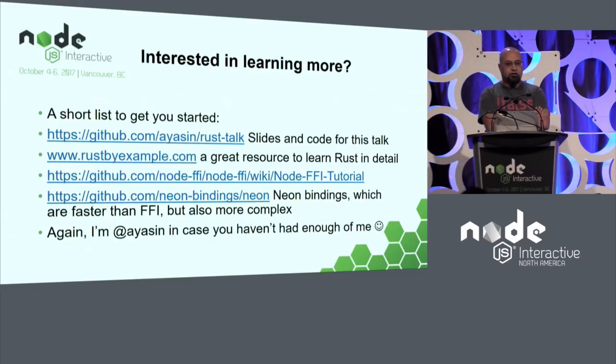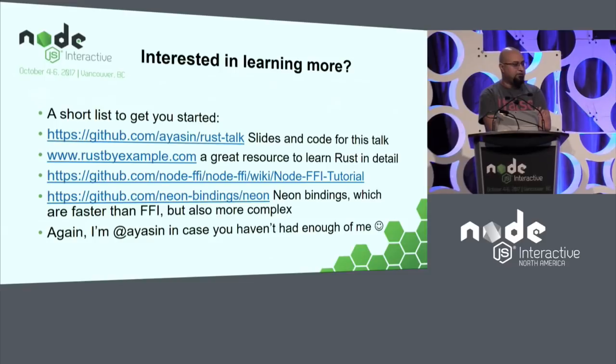Neon bindings are great for higher performance, and if you need to construct JavaScript objects in the Rust, Neon is a great way to go. It's more complex, obviously, than the FFI, but obviously more powerful.